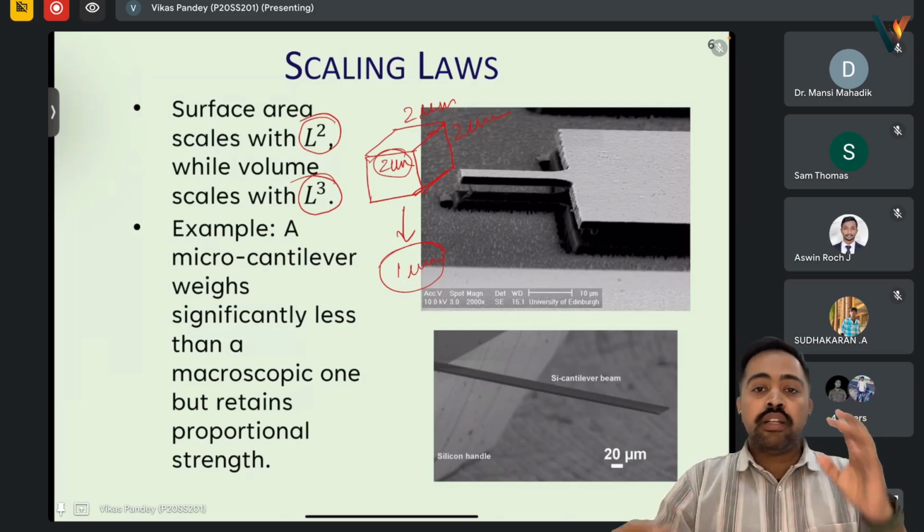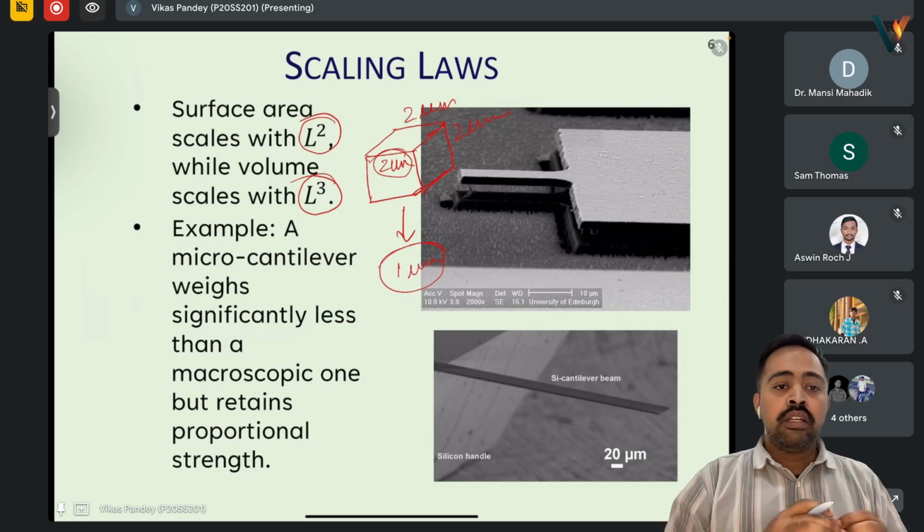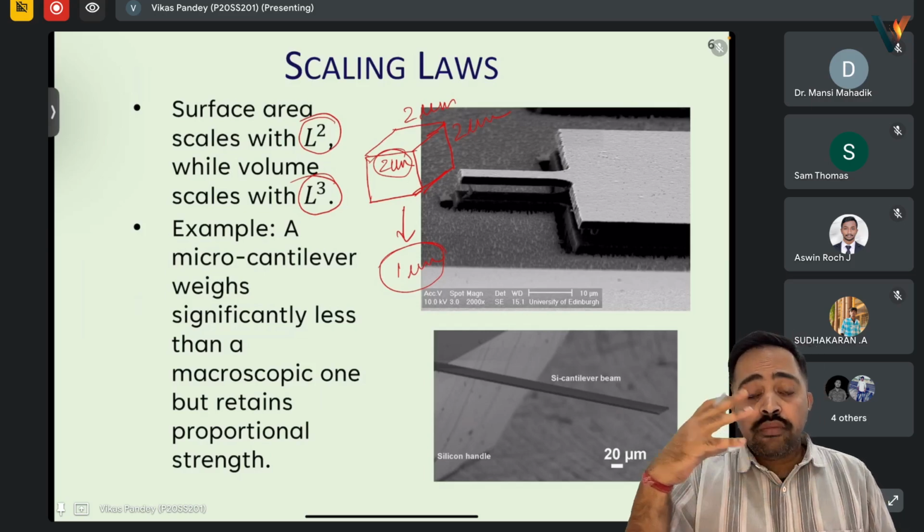So surface area is higher in smaller sizes compared to the volume.